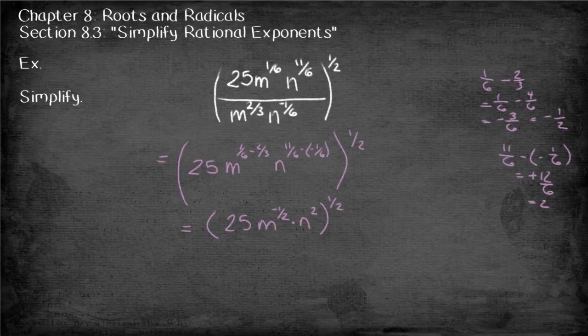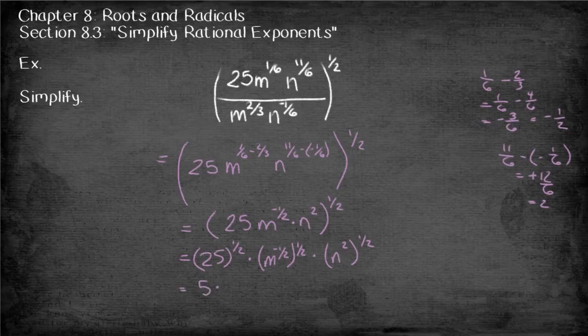And now we're going to break up these factors with that 1/2 exponent. All right, so a half exponent is really just a fancy way of saying square root. Square root of 25 is 5.